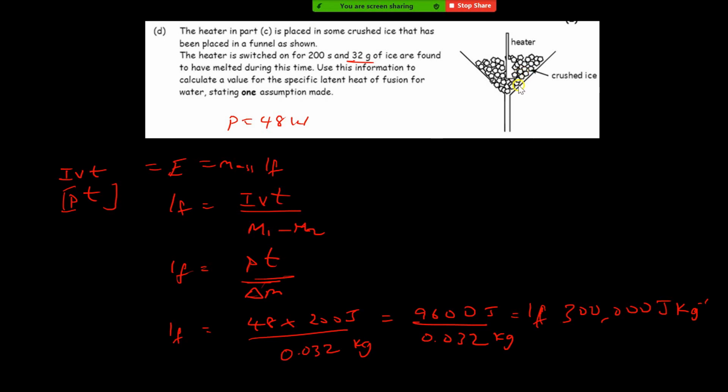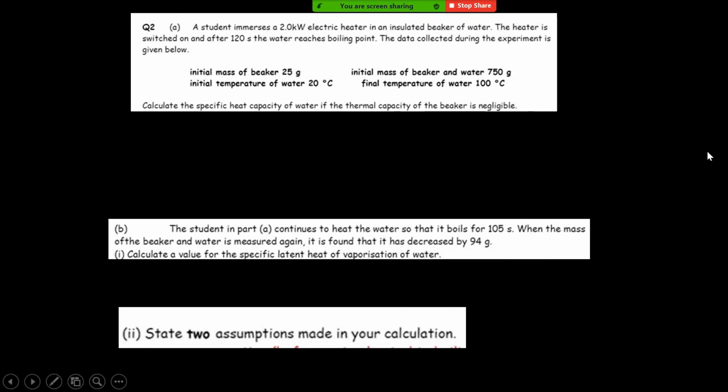So those are some of the things that you could assume. You could also assume that none of the ice had started melting when you started the experiment. So those are some assumptions that we can think about.